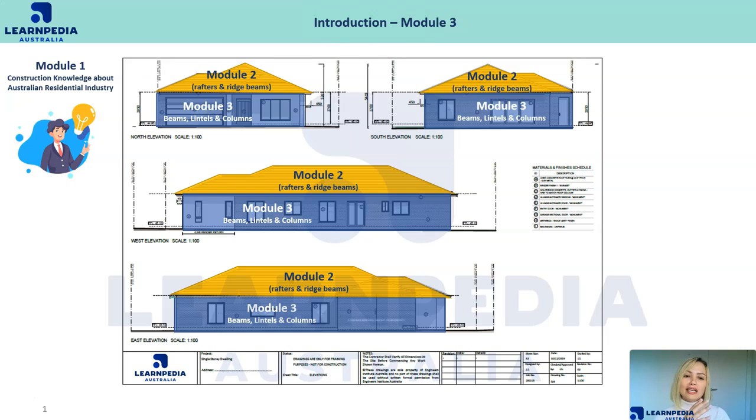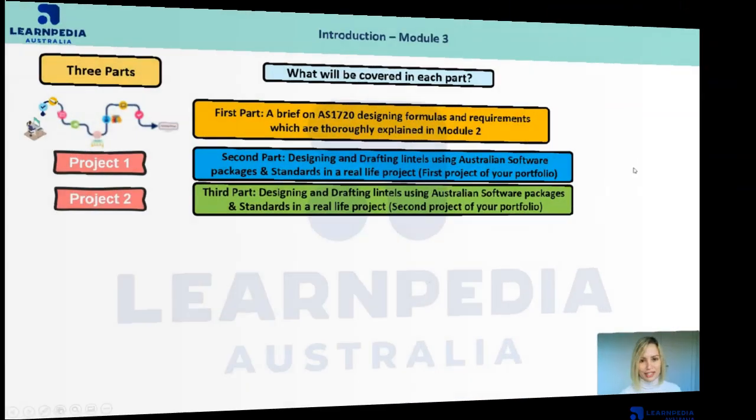So, in each module, we'll work on the relevant part of that project. So if you purchase the whole course, you'll be designing 2 projects from the start to the end, step by step with me. Okay? So, module 3 is about framing design.